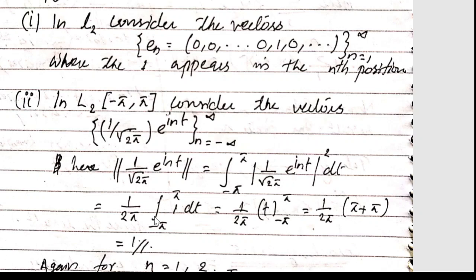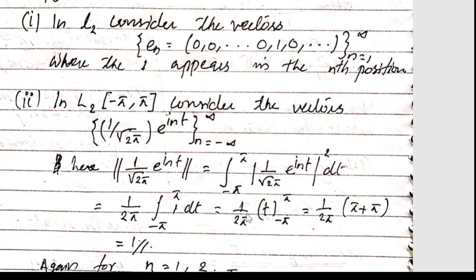So 1 by 2 pi, integral minus pi to pi, into modulus of this thing is 1. e raised to int modulus is 1. So 1 dt will come.